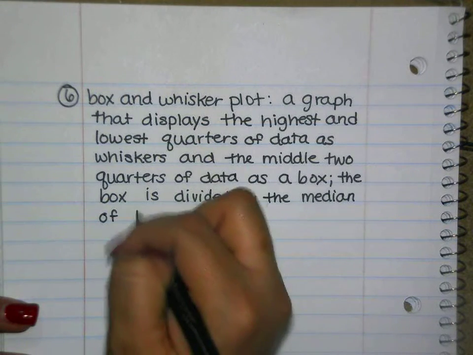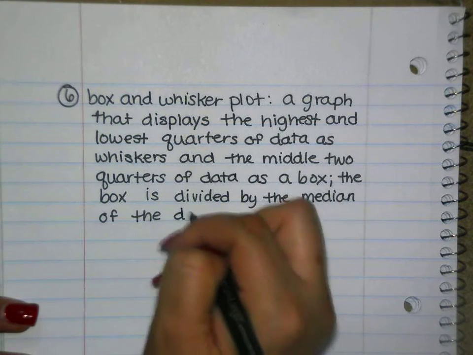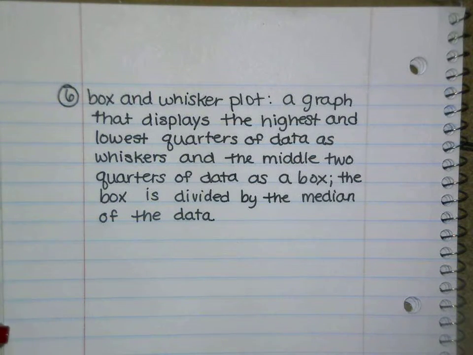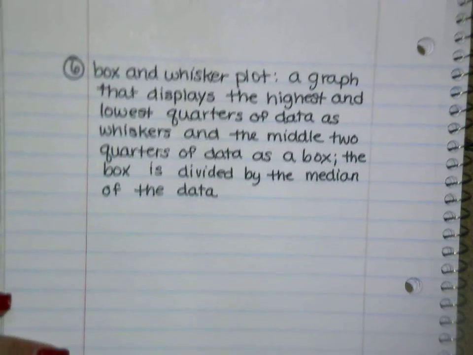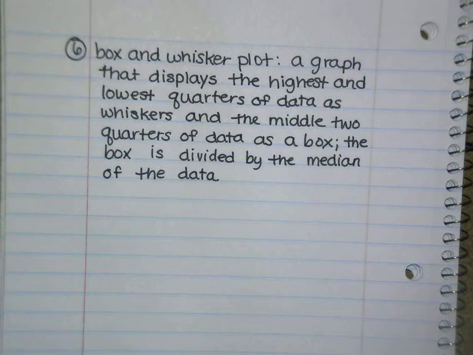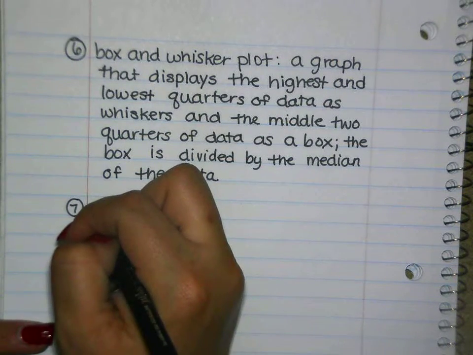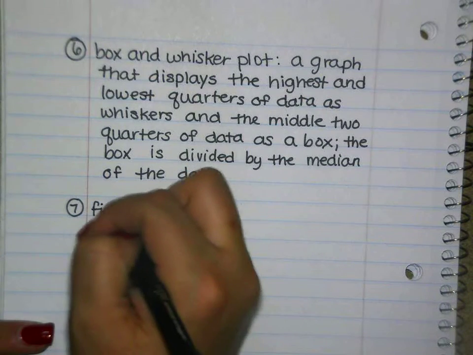Let's also talk about a couple more things: the first and third quartile and the interquartile range, which are fancy sounding words, but once we break it down, it should be pretty easy. Number 7 is the first quartile. Quartile has the word quart in it, so it's probably 1/4 of something.